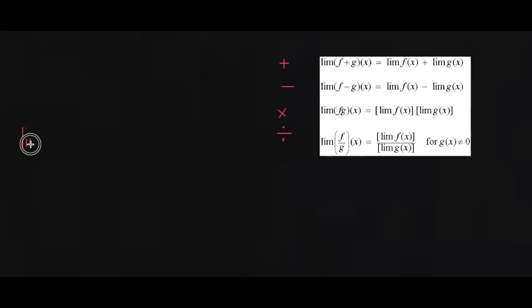Let's take the limit as x approaches 2 of x squared plus 3 over x plus 1. Now you might think this looks like a reciprocal function, and it is. However, there is an easier way to solve this.